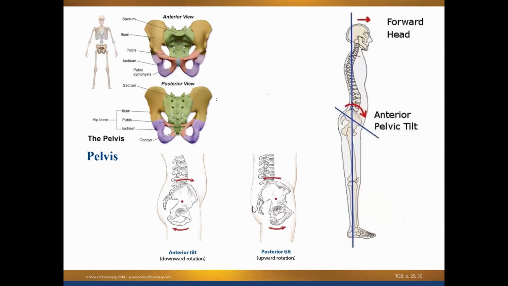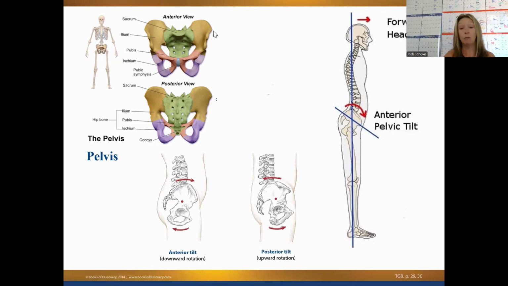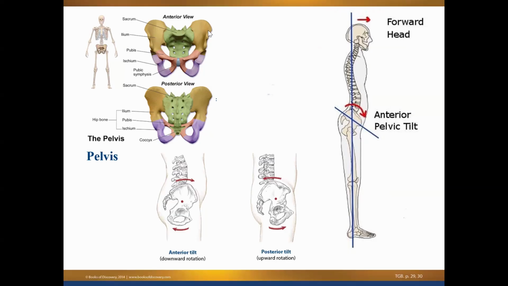The anterior pelvic tilt means that if the pelvis, so I like to call the pelvis kind of like a bowl. Some of your instructors will have called it the pelvic basin, the pelvic bowl. But if we imagined this was a bowl, this is the anterior view, this top view here.